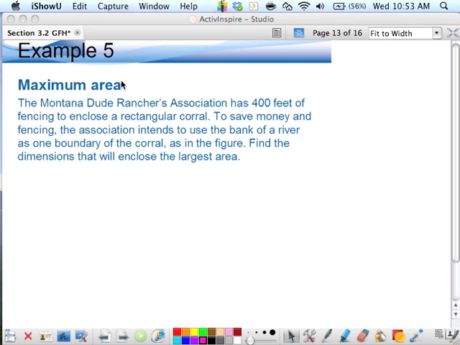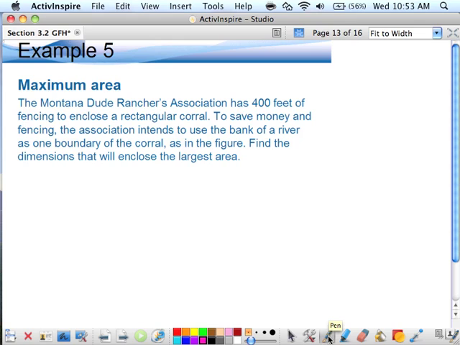Well, let's talk it through again. We're being asked to find what? The dimensions. We want to find the dimensions of the corral that will enclose the largest area. So we need to get a good visualization of what's going on. First off, we have a river. Along that river, I'm going to build a pen.